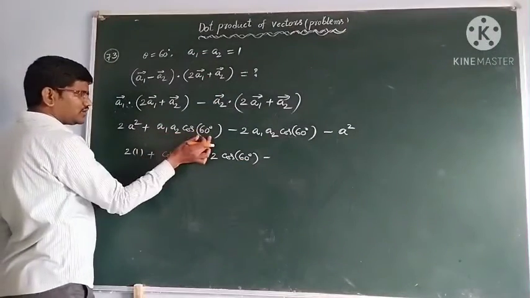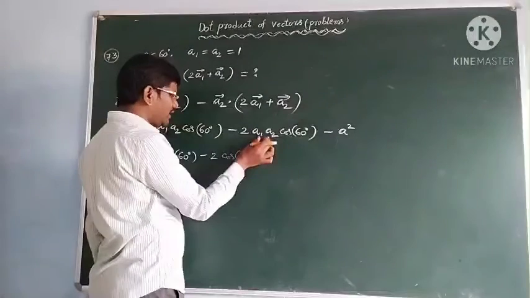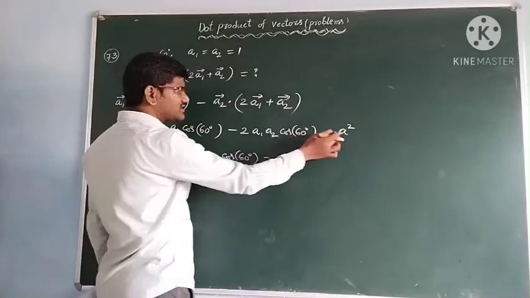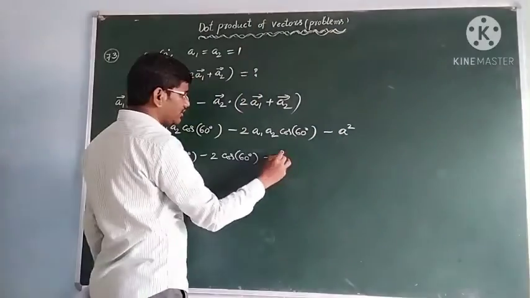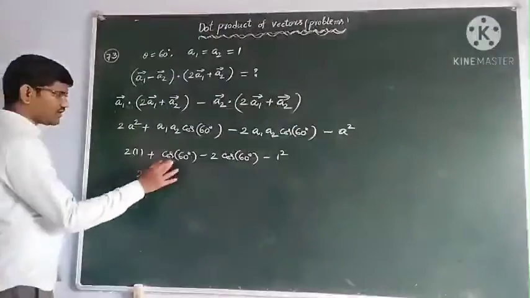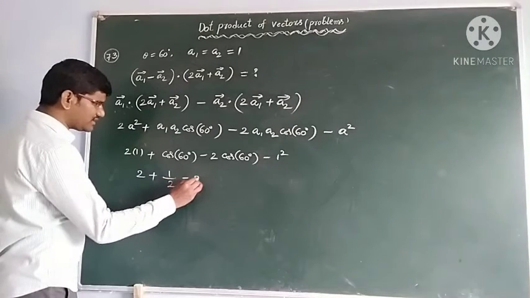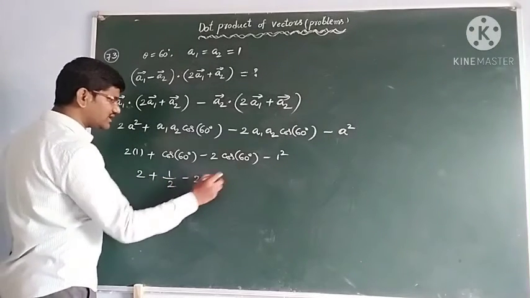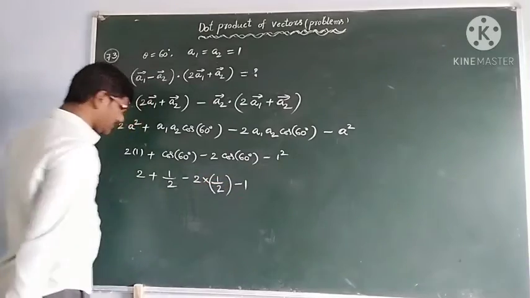So 2 into 1, 2, plus cos 60 degrees value, how much? 1 by 2, minus 2 into again cos 60 degrees value 1 by 2, and 1 square is 1.